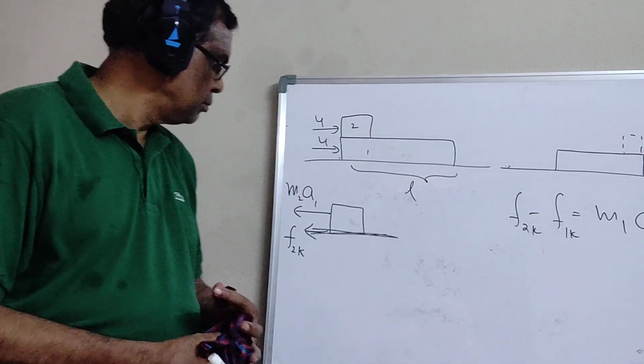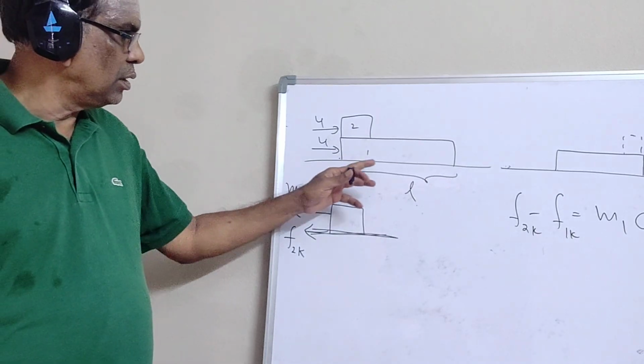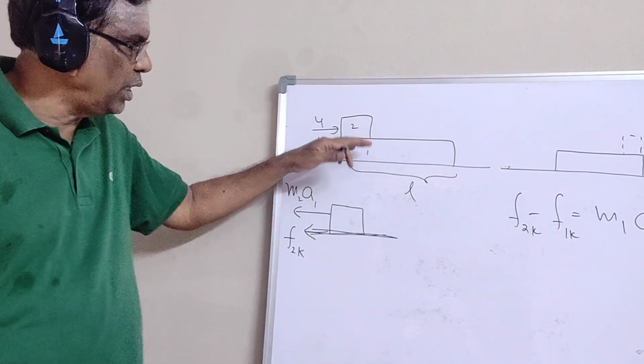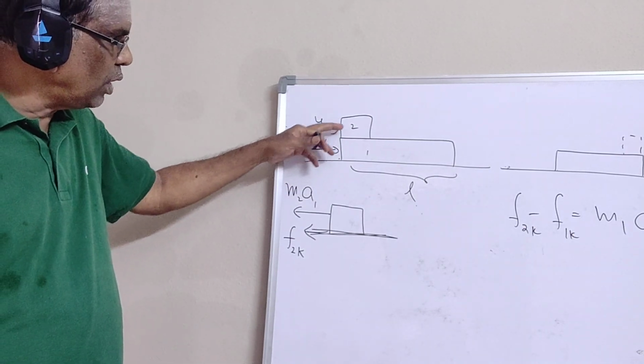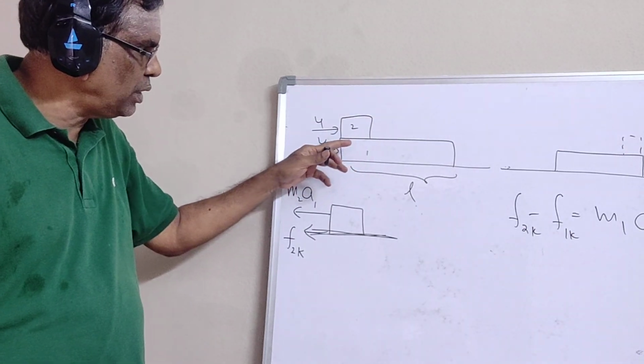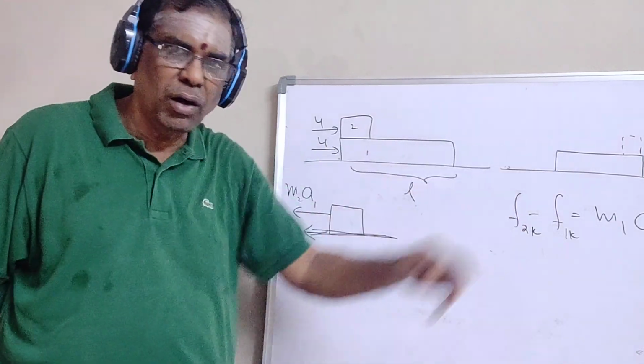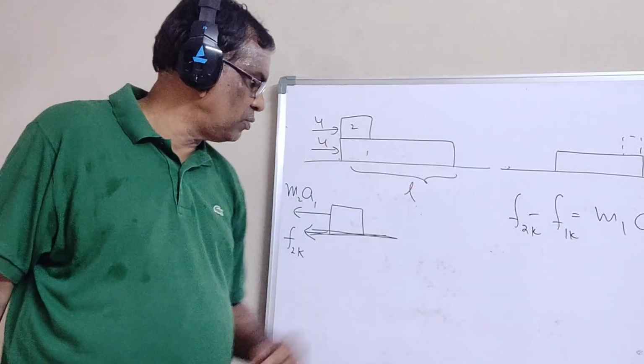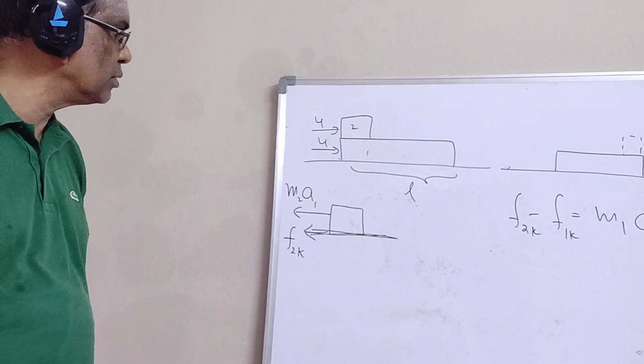Okay? When you are applying force on the first body, you saw that if you push this, what will happen? This will also push it forward. This will also push it forward.